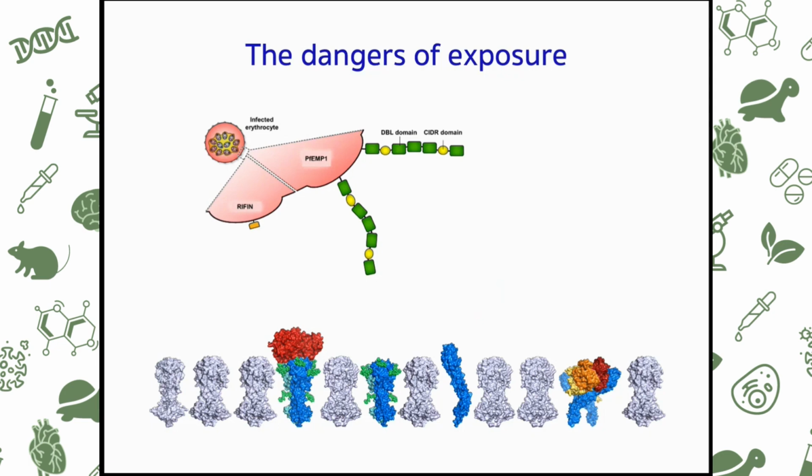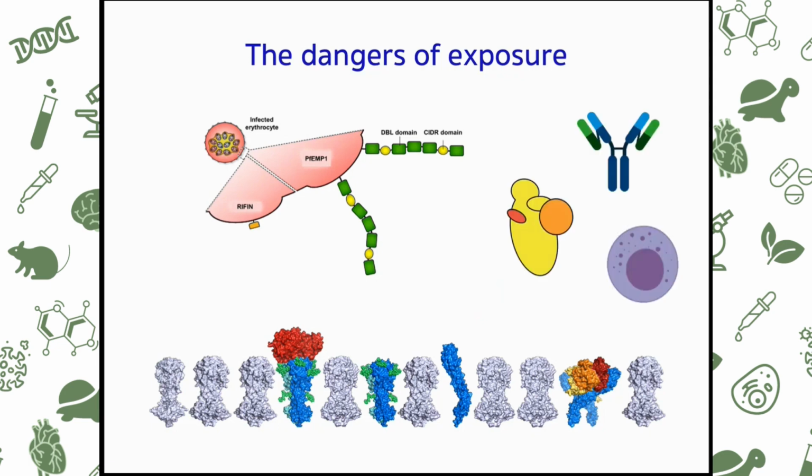But of course, what this means is that these parasite proteins are now exposed to the immune system. They're exposed to the molecules and the cells of the human immune system. And these molecules and cells can recognize these proteins, which shouldn't be there, and they're not naturally present in your body. They can recognize them, and that can target them to try to destroy these pathogens.